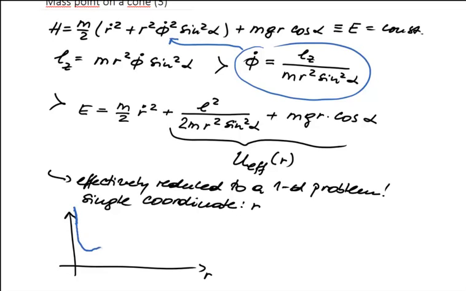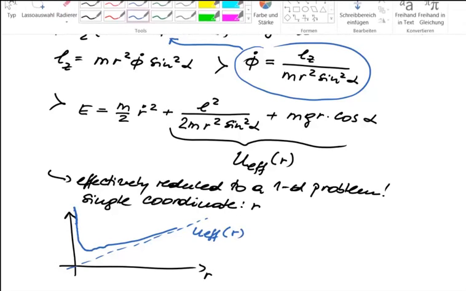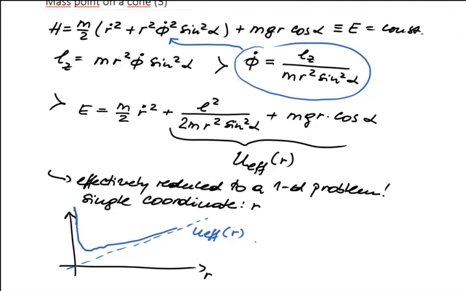Now for large r, the second term dominates, which is proportional to r. So you have an approximately linear behavior for large r. This is the shape qualitatively of the effective potential. And I should note, this is for the case that L is different from 0.